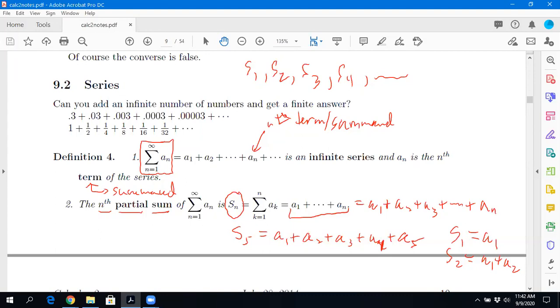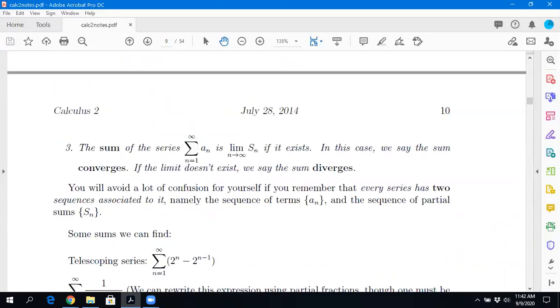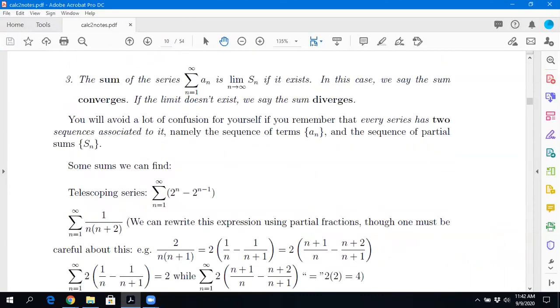Okay, so once again, convergence of the series is determined by convergence of the sequence of partial sums. Okay? Let's scroll down and digest that for a minute. So the sum of the series is the limit as n goes to infinity of Sn, if it exists.